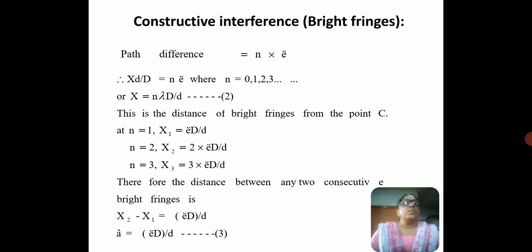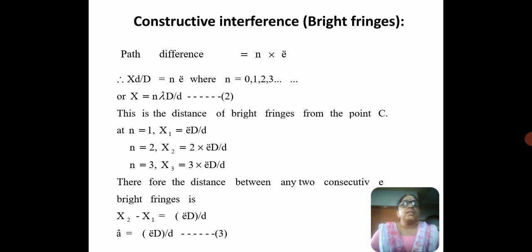Or x n, for the nth distance, equals n lambda capital D divided by small d. This is the distance of a bright fringe from the point C. At n equal to 1, it is x1 equal to lambda D by d, at n equal to 2 it is 2 lambda D by d, at n equal to 3 it is 3 lambda D by d, and so on.